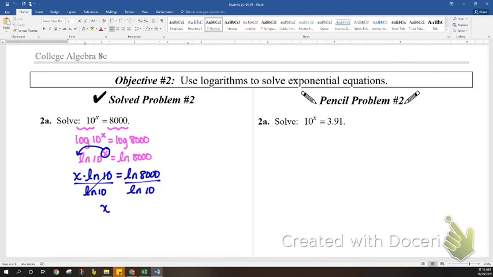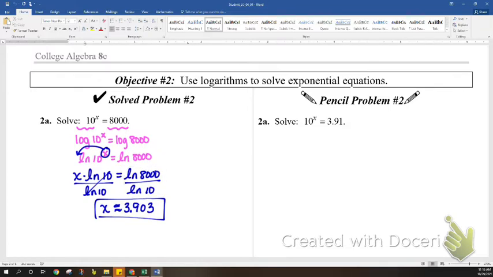And so we get x equals, and in our calculator, we type in the natural log of 8,000, close the parenthesis, divided by the natural log of 10, close the parenthesis. And it will give us approximately 3.903. If we want an exact answer, we're going to have to leave it like that.